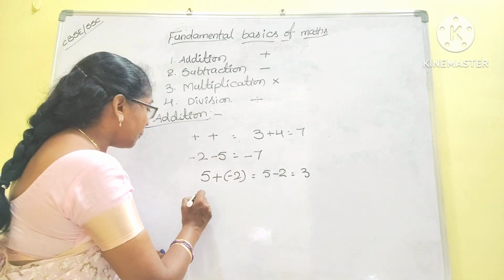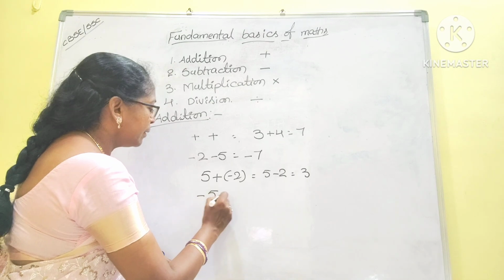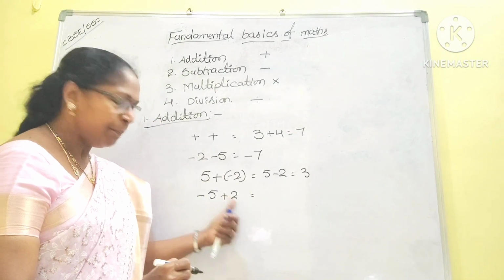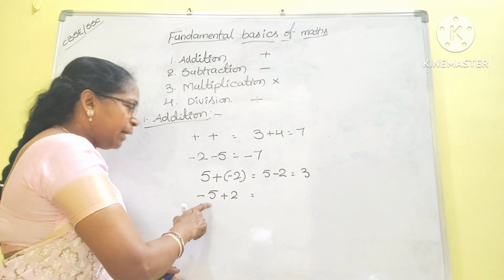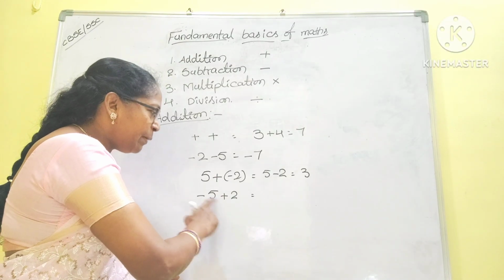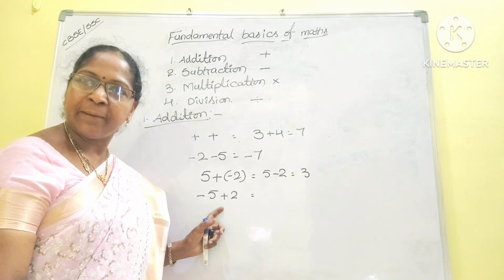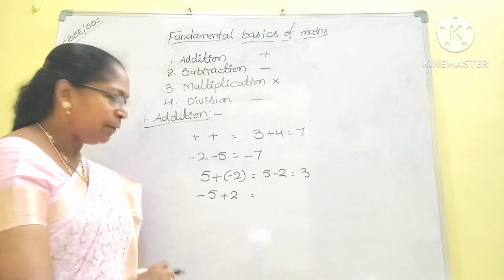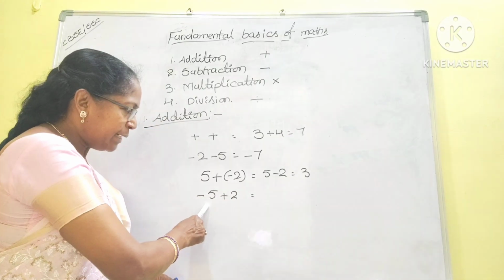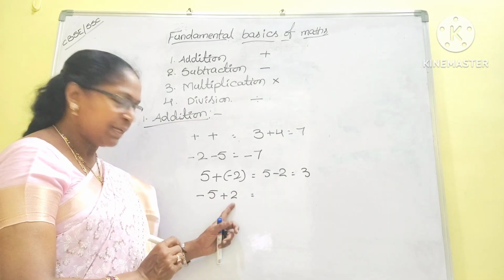As well as here, suppose minus 5 plus 2. Minus 5 plus 2 equals... here also the same numbers are there, 5 and 2, and in between these two numbers a plus symbol is there. What do you have to do? Here one is negative and another one is positive. That means a minus number plus a plus number.